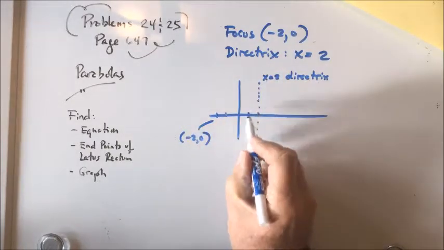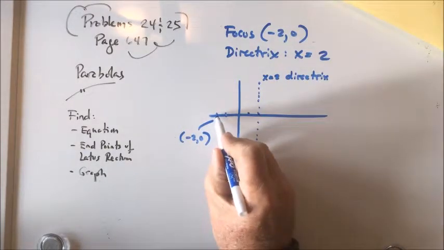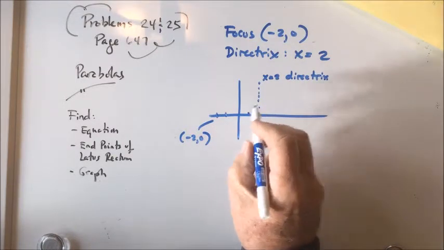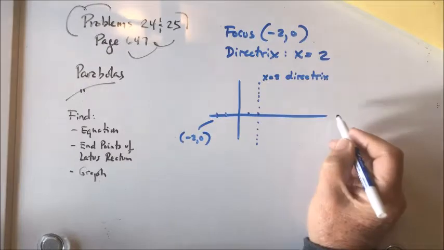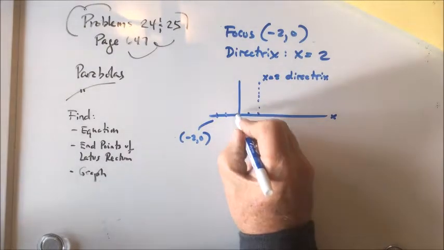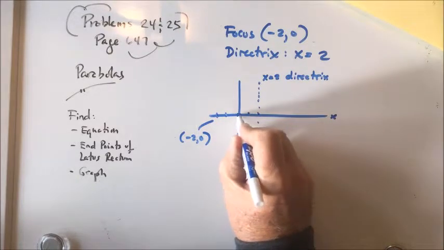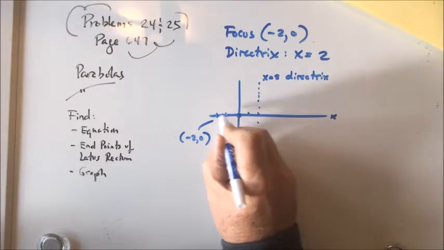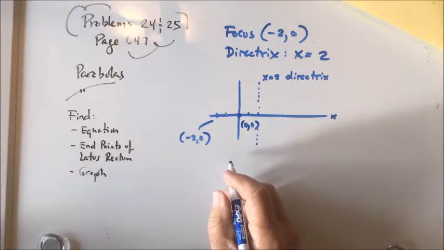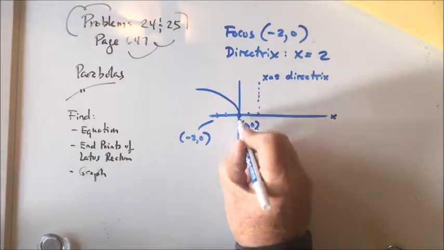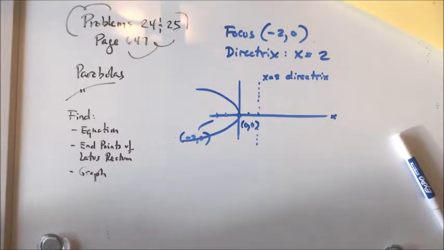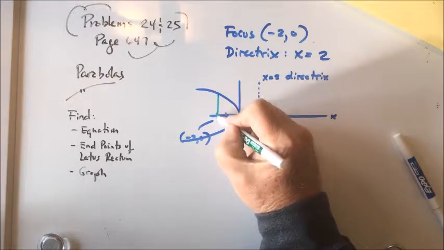All points on the parabola are equidistant from the focal point and the directrix. In this case, since the axis of symmetry here is the x-axis, the vertex again is right here, 2 steps away from the directrix and 2 steps away from the focal point, and therefore again we're looking at a parabola that looks like that. It has a latus rectum right here.